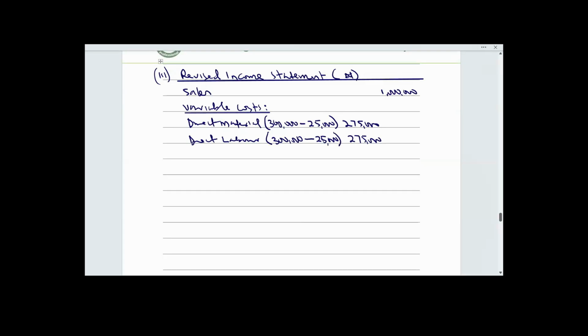We also have other variable costs, like variable factory overhead, variable marketing expenses, variable admin expenses: 80,000, 70,000, 50,000. We then add it up.